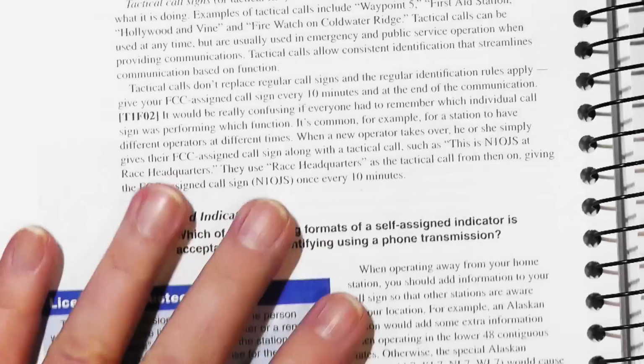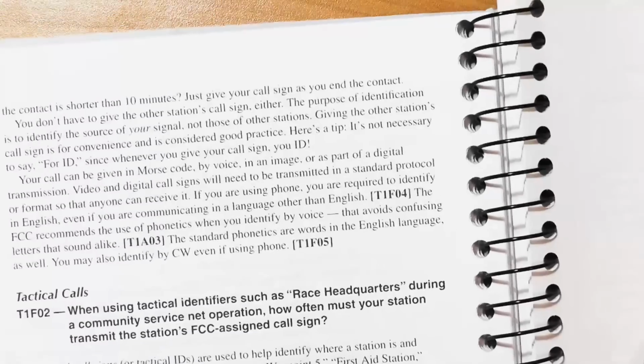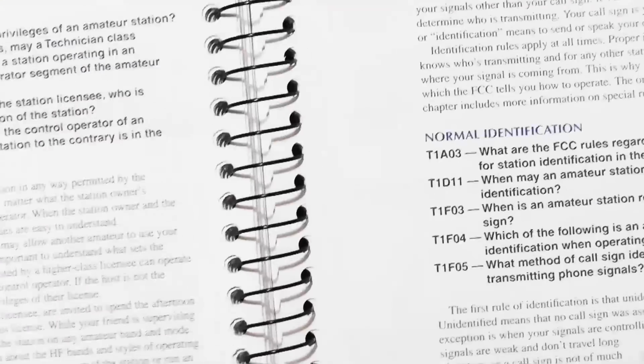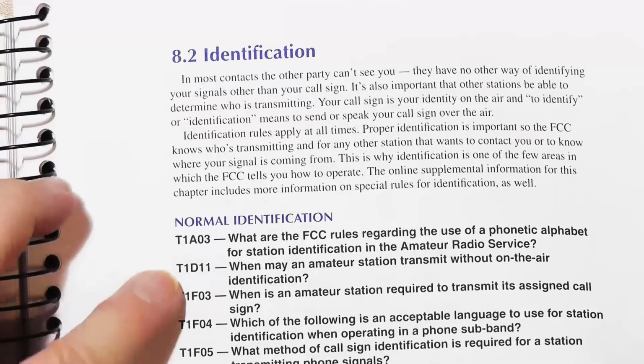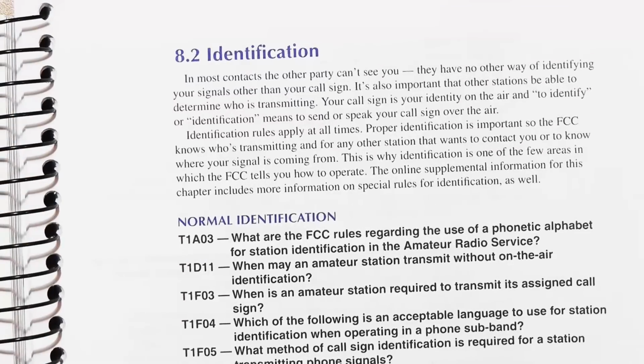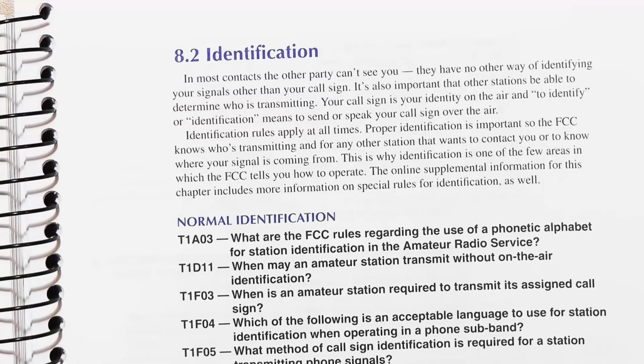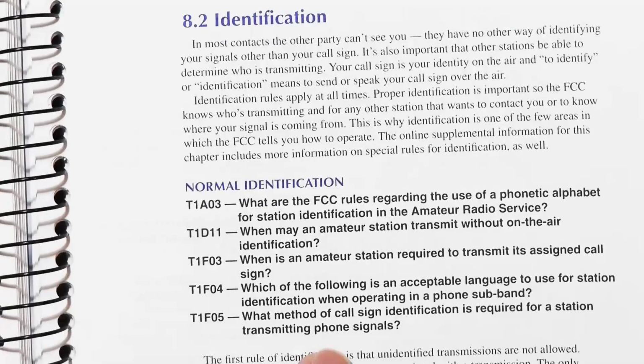Now, let's go to the page that's talked about in the book, where it says identification. There are a few questions in here, including the one on transmitting phone signals. So phone is voice, and over here we can find the answer.